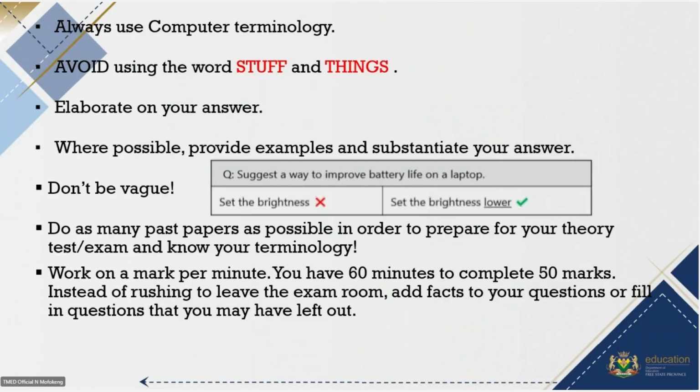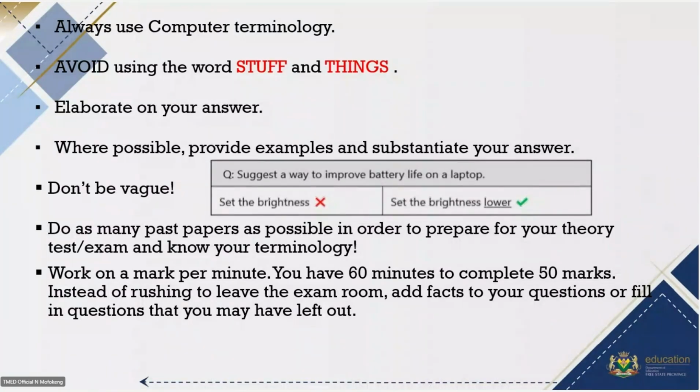Always use computer terminology. Avoid using words such as stuff and things. If you always use those words, you are going to lose a lot of marks. Always use computer terminology.